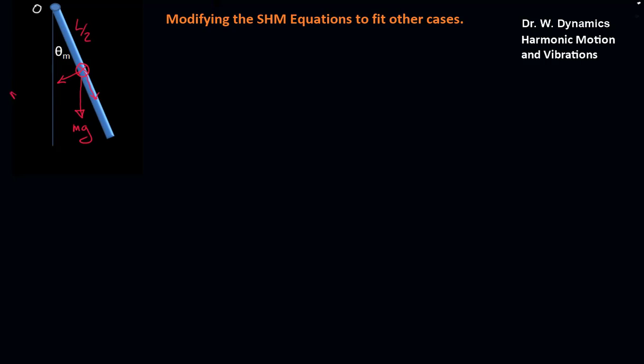So we'd have an mg sine of theta. And now what we would do is take the sum of the moments about O, where the sum of the moments about O would be I O alpha plus m r_G cross a of O. And O is a pinned point, so the acceleration of point O is 0, and we get just this.